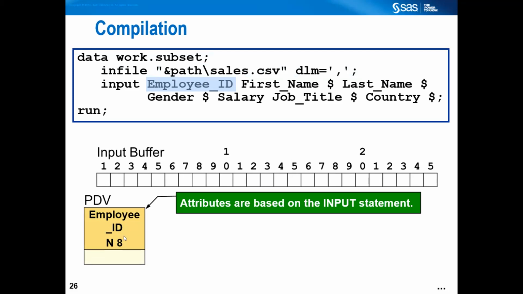Now understand, here the PDV is created as per the instructions of the input statement because the infile is indicating it's a non-SAS file. When we were using a set statement to read an existing data set as an input source, the PDV was defined as per the defined columns from the existing data set.